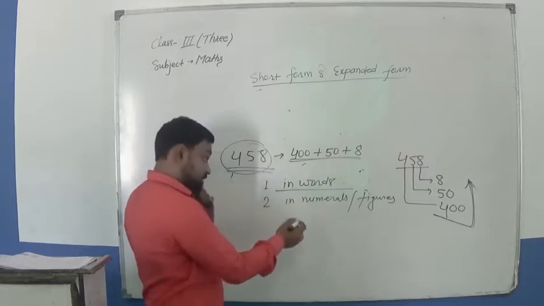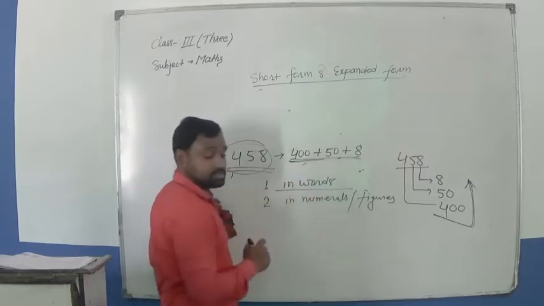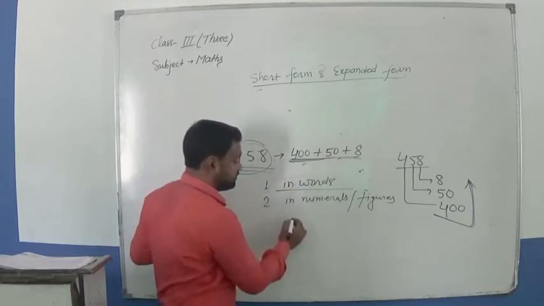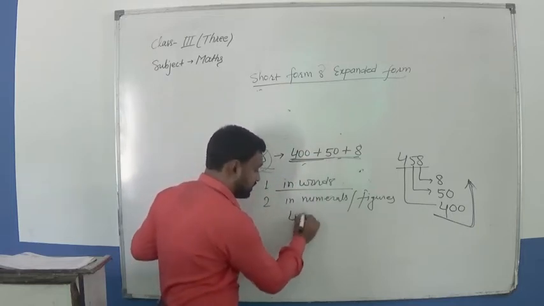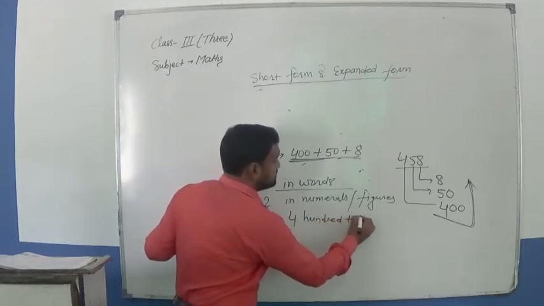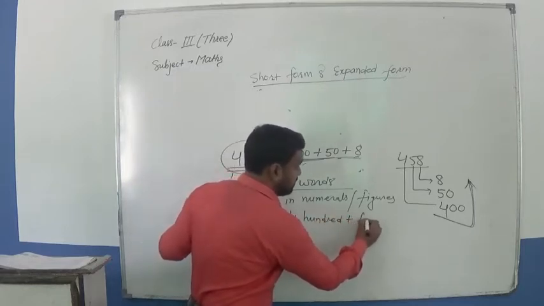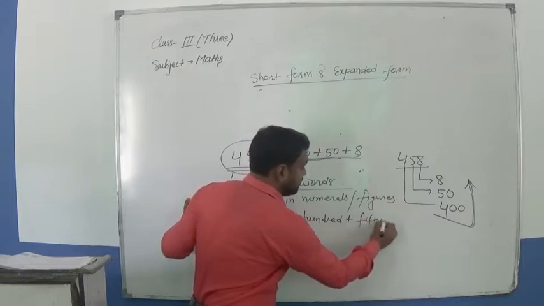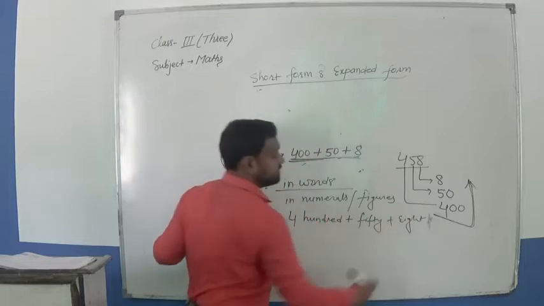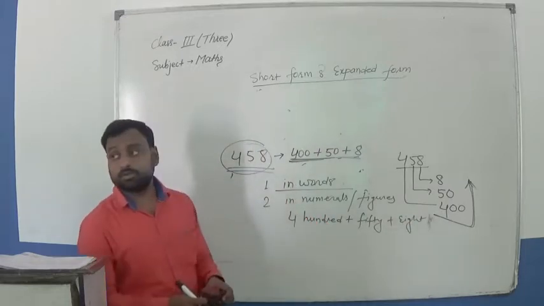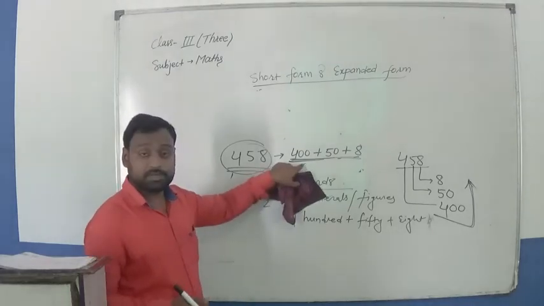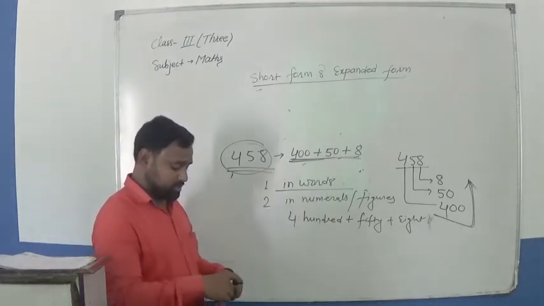This is 400 plus 50 plus 8, which is in figures. In this way you can represent in words, and in this way you can represent in numerals.